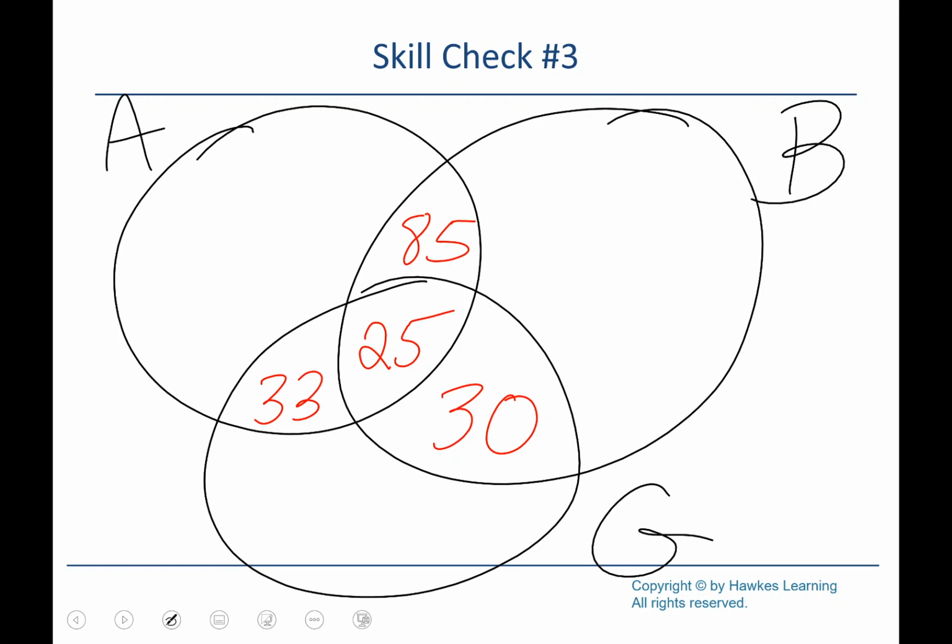Nobody? 85, thank you. 85 is one. 25, because it's in the middle, and then we need to subtract 30 also. I won't make you talk, I guess, today. Okay. If we do that, that leaves us 85 that were just bananas. Okay. Two more.